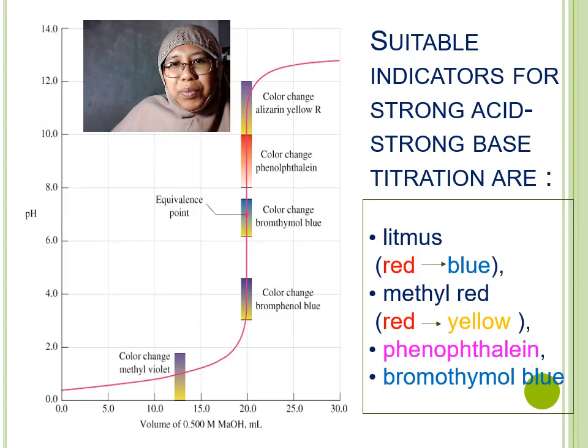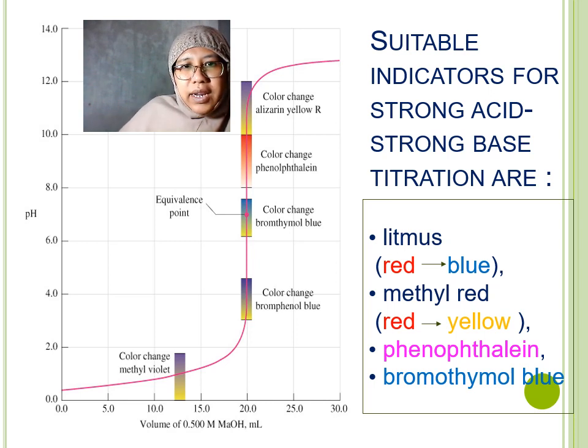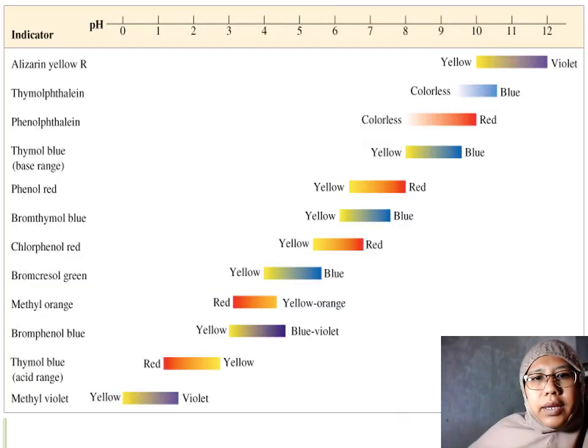Here are suitable indicators suggested for strong acid and strong base titration according to the titration curve. You can see the litmus is used, red to blue, methyl red, red to yellow, phenolphthalein, and bromothymol blue. Here is more suggestion on what indicator to use according to the pH scale.